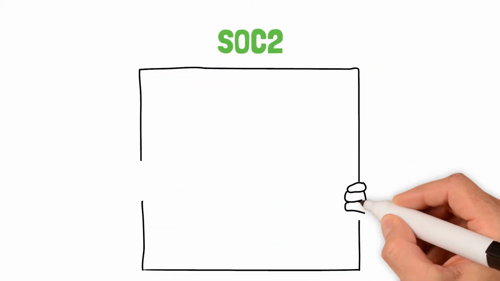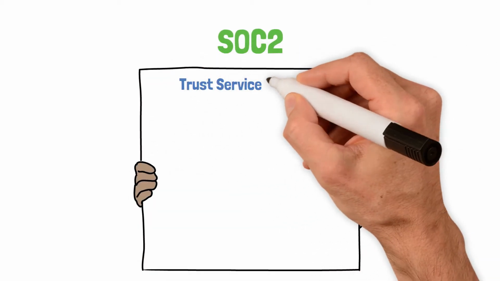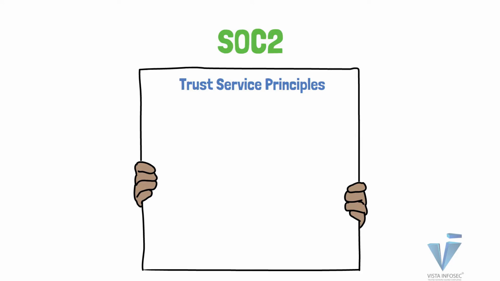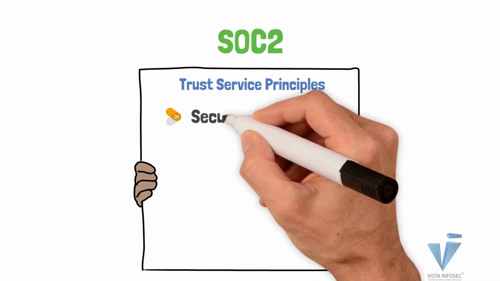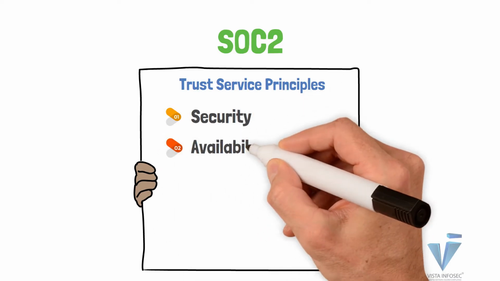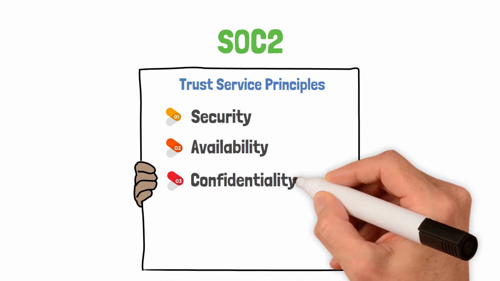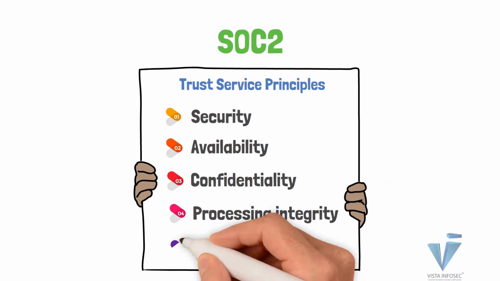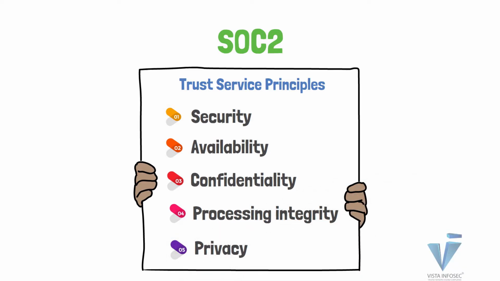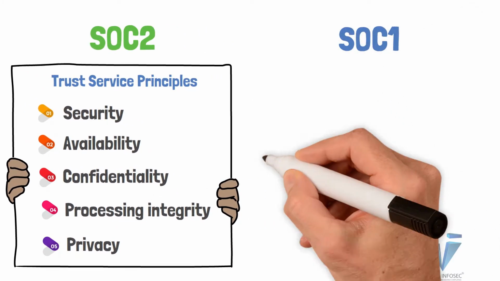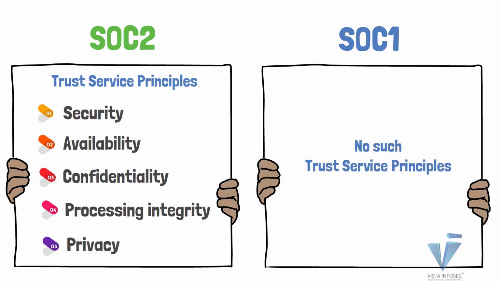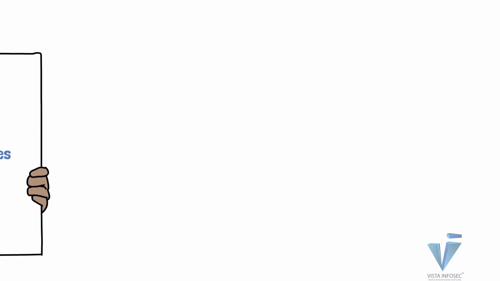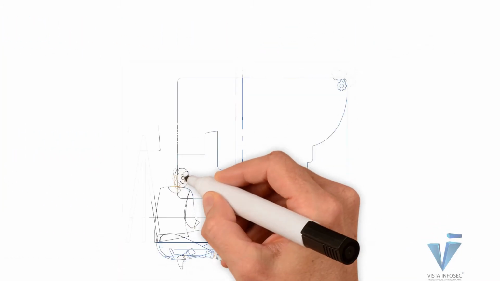SOC2, on one side, is fairly, I would say, straightforward, because it's got its trust service principles, the 5 trust service principles, as you're aware. Common criteria, also called security. There is availability, confidentiality, processing integrity, and privacy. So that is there. But under SOC1, do understand that there is no such trust services criteria defined that will lay out the list of controls.